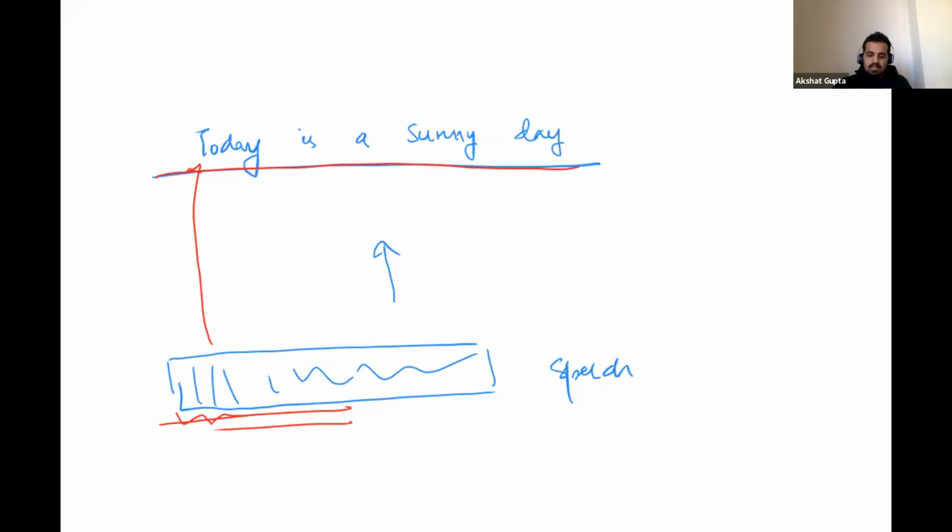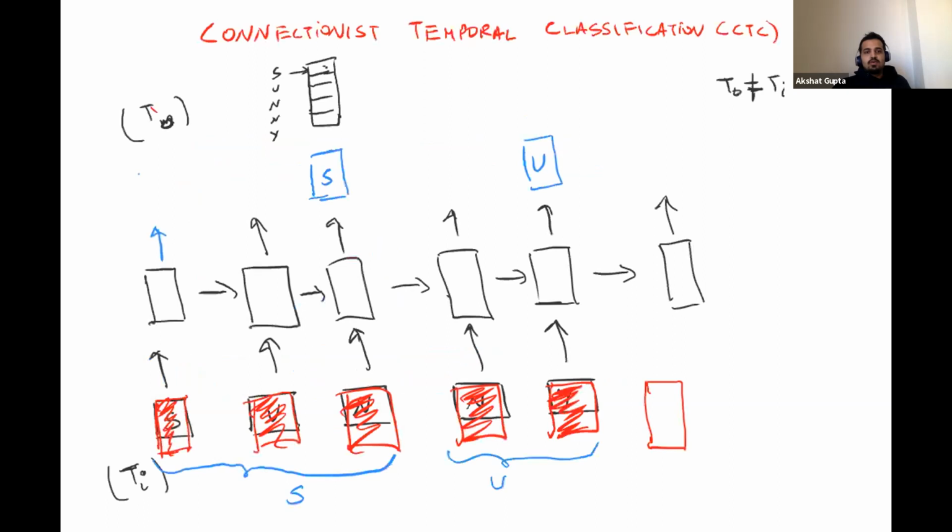And that's what makes the problem difficult, not having an output at each time step, not knowing what the output at each input time step of the speech signal would be. And that's the place where we use the CTC loss function. So that was an introduction to CTC, connectionist temporal classification.